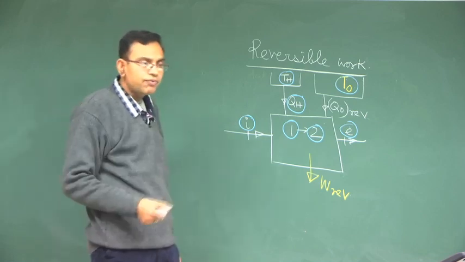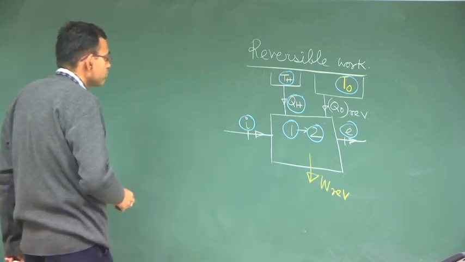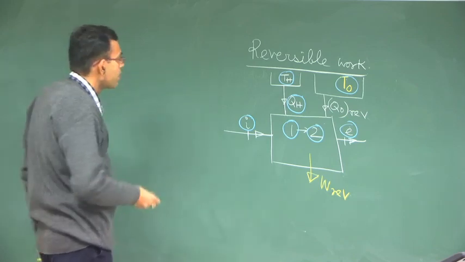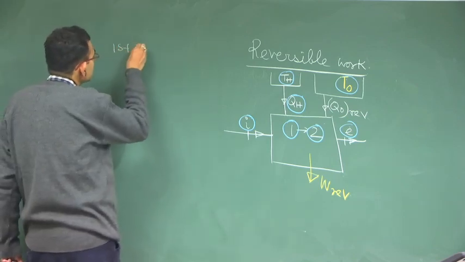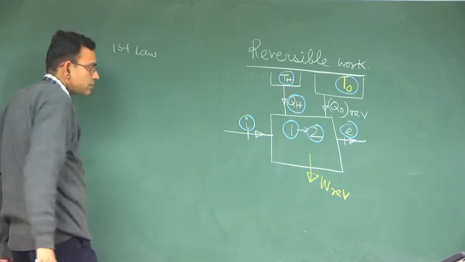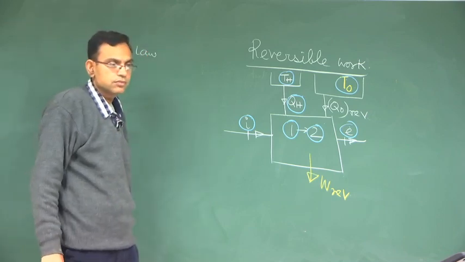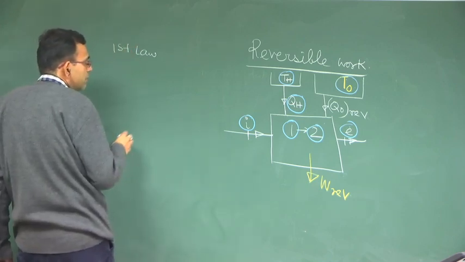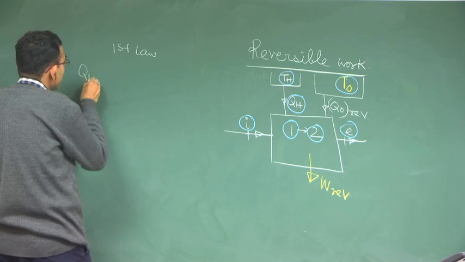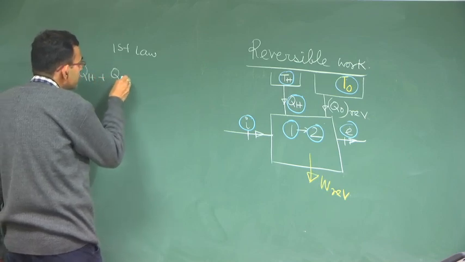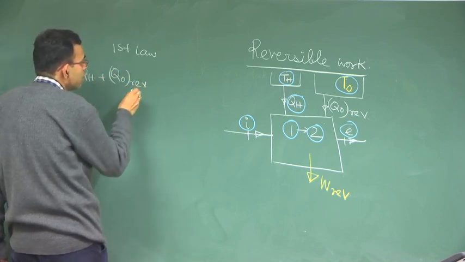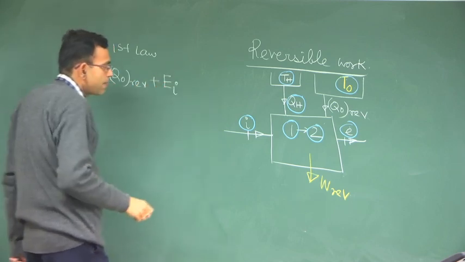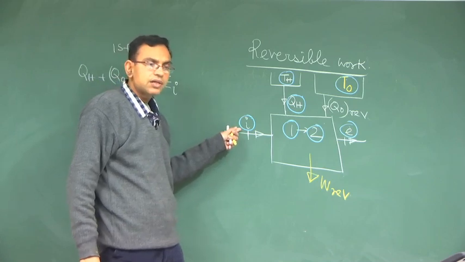How do we quantify this reversible work? We can quantify it through the first law and second law. First law: you have QH plus Q0 reversible, which is not known, plus the energy associated with state I. What is the energy associated with state I?